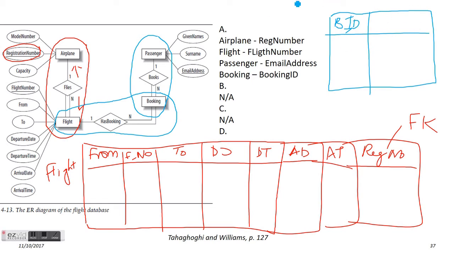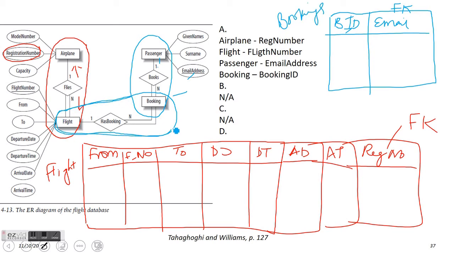So here, looking at this one, the relationship between passenger and booking. It says when you're developing the table for booking, be sure to add the primary key of the table on the one side. This time the table on the one side of the relationship is passenger and its primary key is email. So I'm going to add email address as a foreign key in the bookings table.